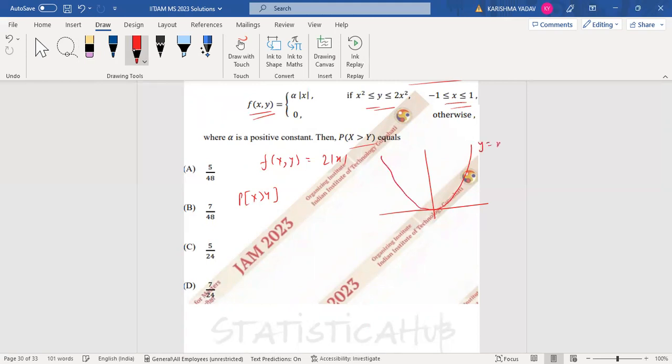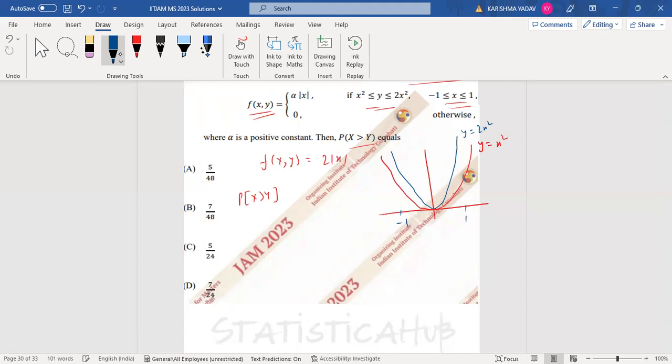This is y equals to x square. And what is the graph for y equals to 2x square? It will be like this. This is y equals to 2x square, and x is lying from -1 to 1.